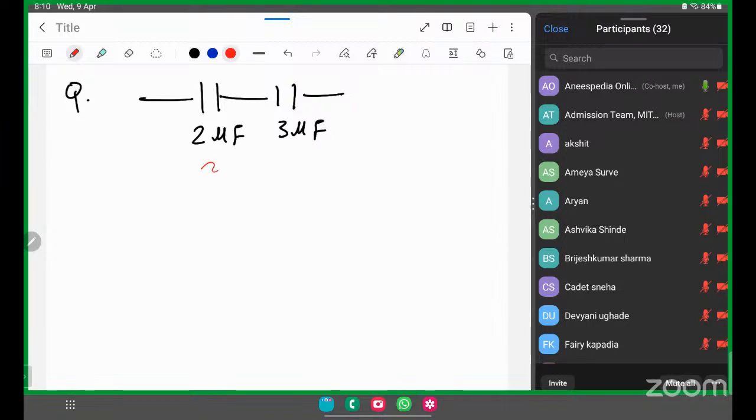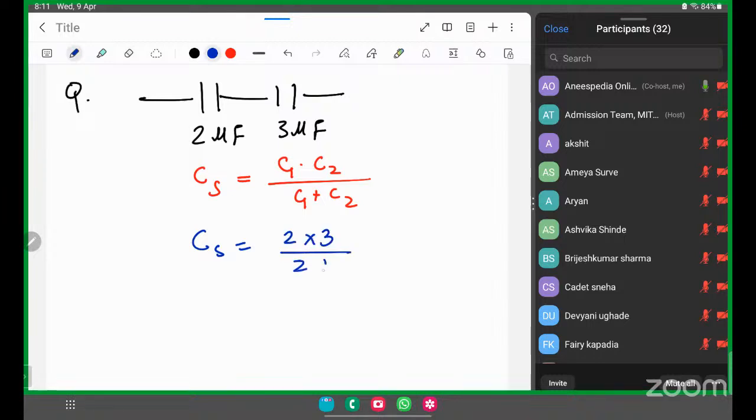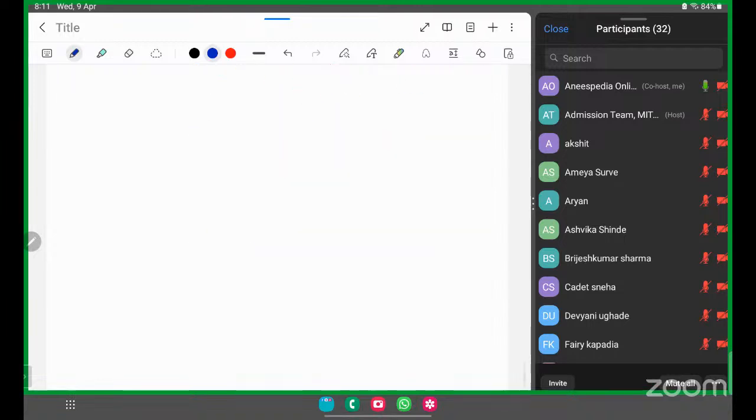In series, resultant capacitance is given by, for two capacitors, C1 into C2 by C1 plus C2. So what will be the answer? This will be 2 into 3 divided by 2 plus 3, so this will be 6 divided by 5 microfarad.